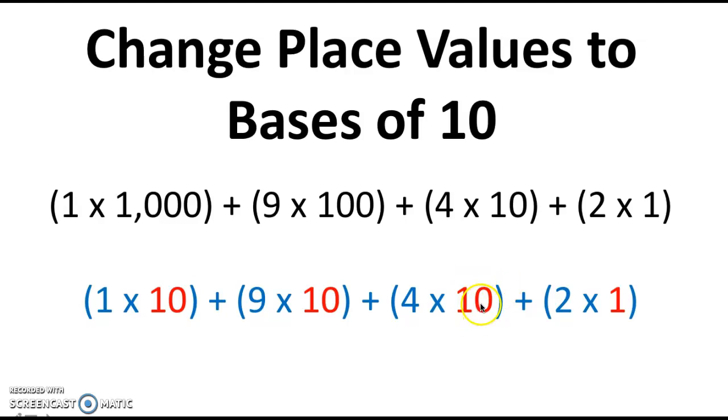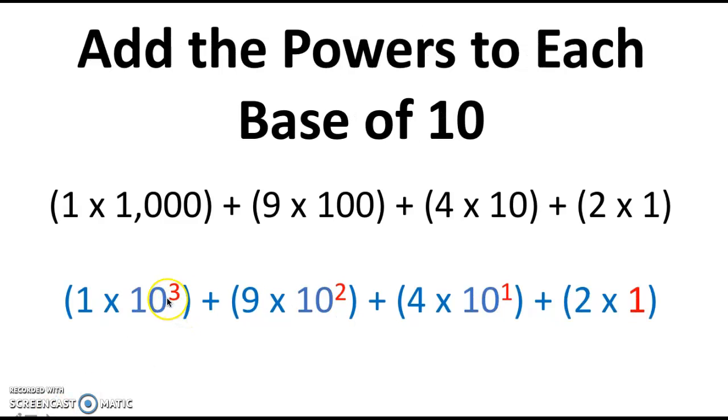Each of the place values I change to have a base of 10, because the exponents are special: you are going to be simplifying the place value to just be a base of 10 with an exponent power to the top right. From there, as I was saying before, each of the place values can be simplified into an exponent.